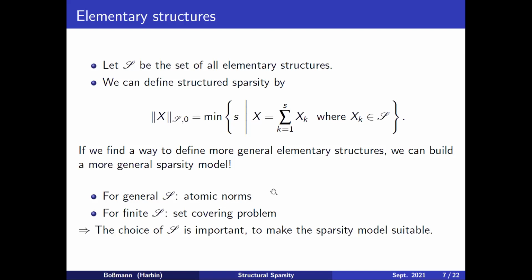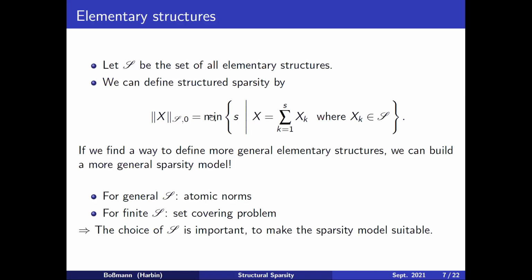Another interesting thing, if you just think of a finite set S, then the problem here becomes you want to cover some support of your X with a combination of elements of your finite set, and then somehow you will end up in a set covering problem. So this problem here is very, very related to the set covering problem. And here you can already see a difficulty.